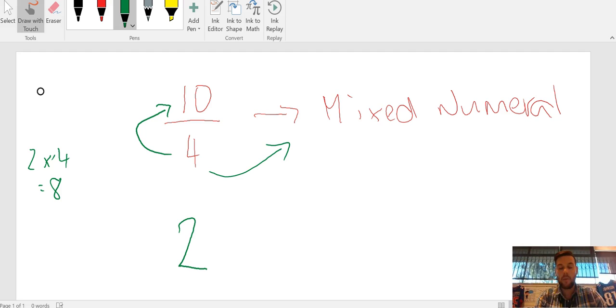So that's how we come up with the fraction side of our mixed numeral. We have 2 left over, and we're doing parts of 4, so the fraction is 2/4. So turning 10/4 into a mixed numeral would be the same as 2 wholes and 2/4.